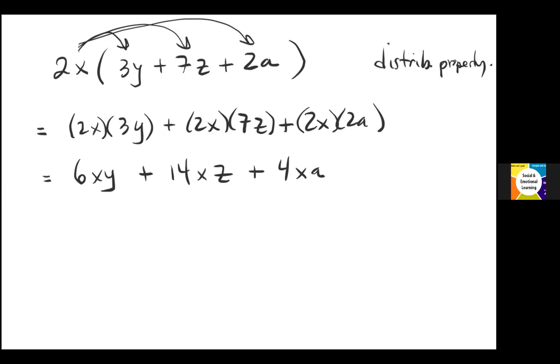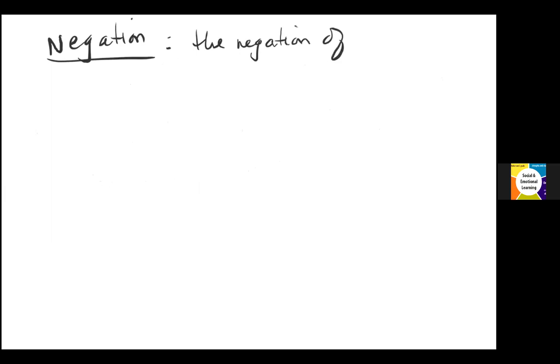So another really important idea that you're probably all familiar with is negation. Negation, the idea that a number is negative, the negative version of a number. So the negation of x is negative x.